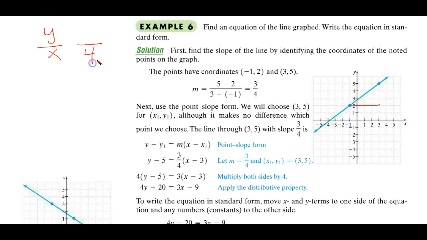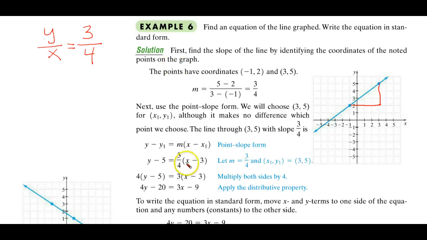So we're going over 4 points. And how many are we going up now? 1, 2, 3. So our slope, and you could have used the slope formula using these 2 points, but since we had the graph, we're just counting it. So this is 3 over 4, and it's positive.